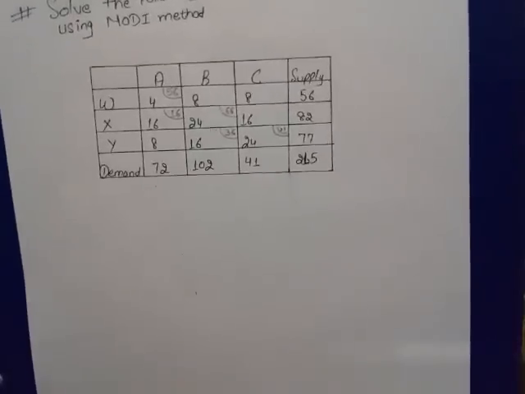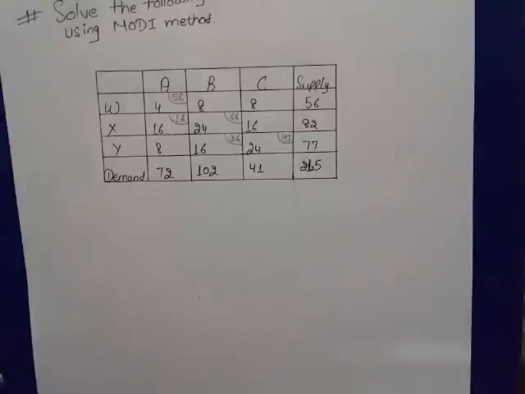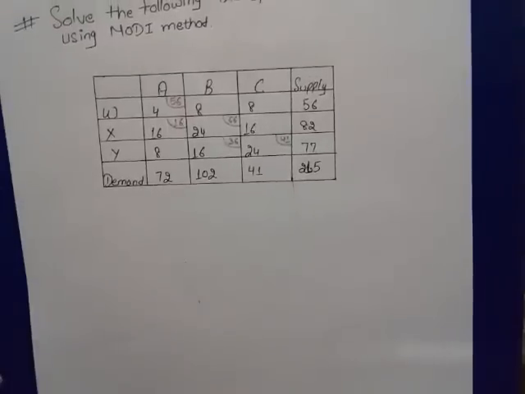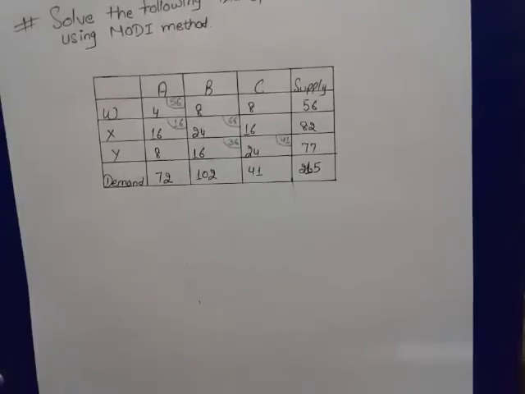So the procedure to check is to find out the unoccupied cells to which we can assign the supply to cover the demand, and to check whether that unoccupied cell is able to give the minimum cost.